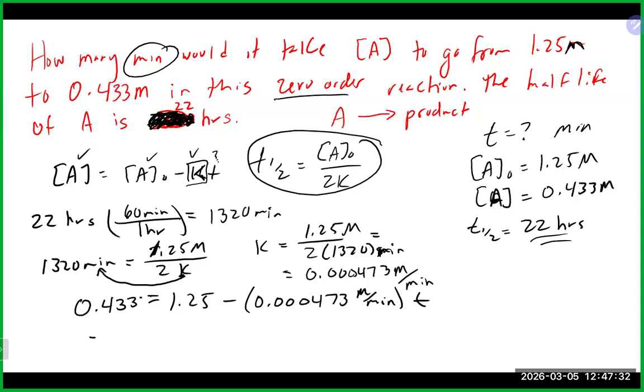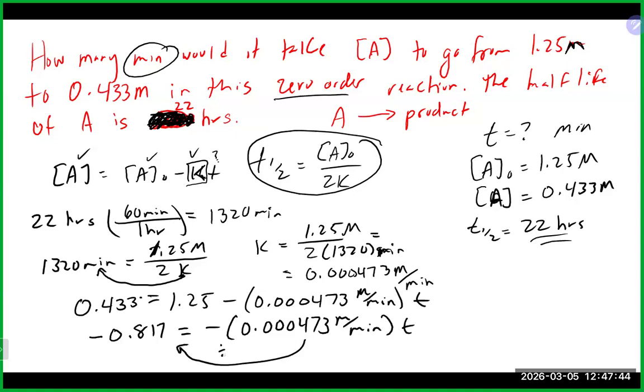That's going to get us something like negative 0.817 is equal to negative 0.000473 molar per minute times our time. Going to do a little dividing action there, and 0.817 divided by 0.000473 is going to yield us, I'll go with maybe 1,727 minutes with some bad rounding along the way.